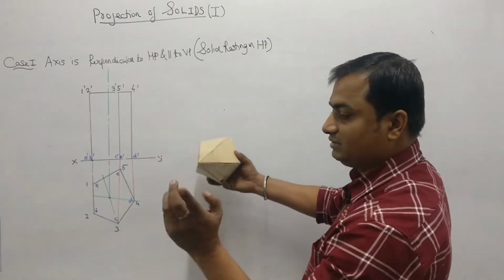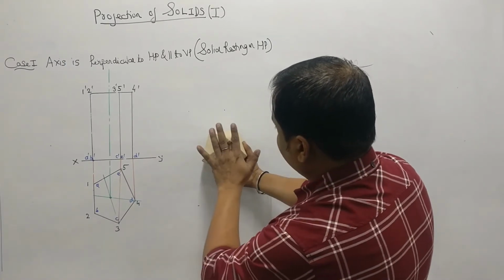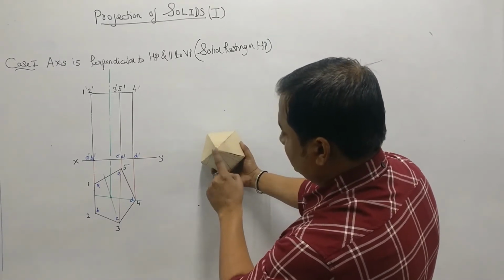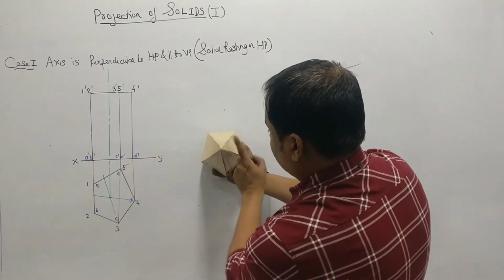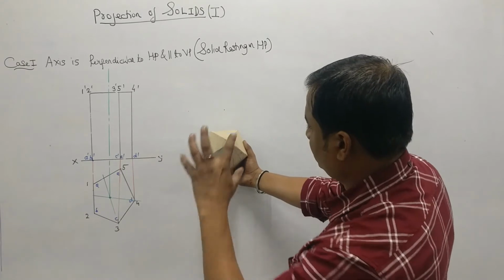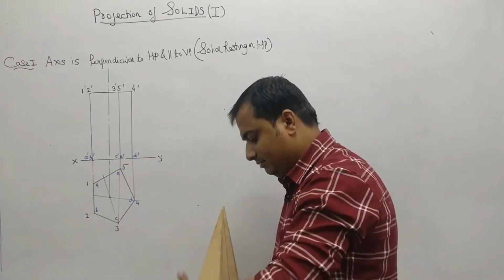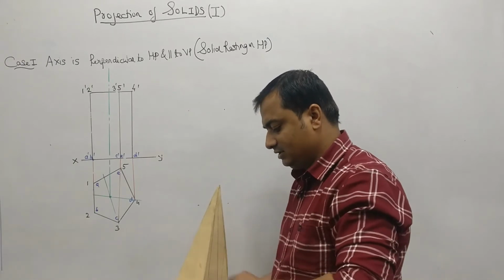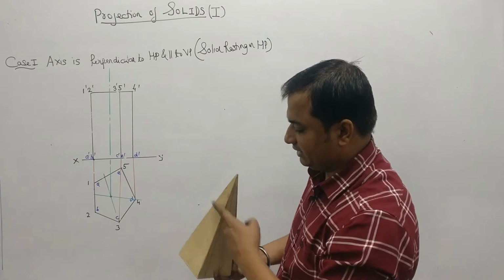So you will be getting this pentagon plus this point plus these longer edges. These longer edges are also visible from the top. So I will be getting a pentagon plus this point plus these longer edges connecting to the center of the pentagon. Center से जुड़े हुए दिखाई देंगे ये longer edge side.